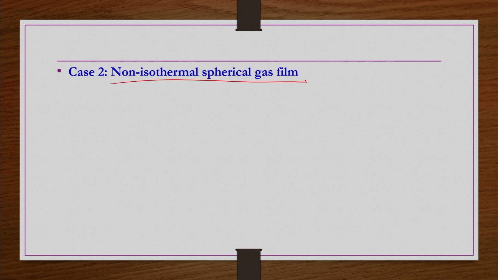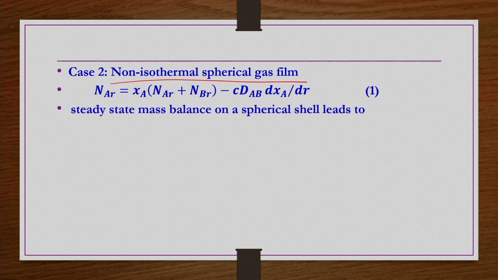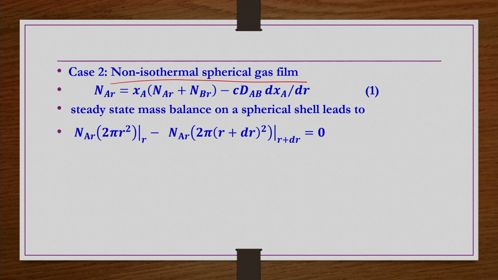Now, we take the non-isothermal case of the same problem. In this non-isothermal case, the derivation up to NAR is equal to minus C dAB by 1 minus xa times dxa by dr is quite the same, because till that point temperature has not come into the equations or any of the balances. Okay. So, the combined flux is this one. The steady state balance is the same as in the isothermal case.